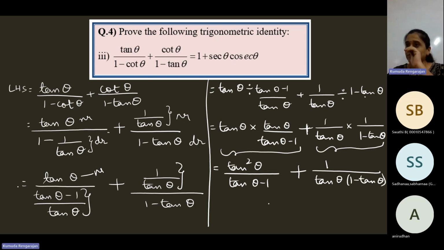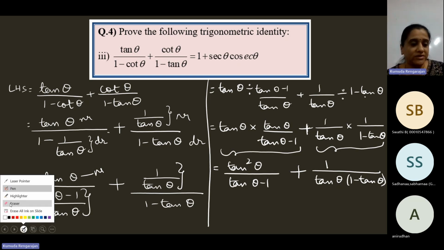Then remember, last class we understood something. If we have a minus b and you want to write it as b minus a, take a minus outside. We have tan theta minus 1, but here we have 1 minus tan theta. So you want to write this one also as tan theta minus 1, so that it's easy to take the common denominator. I am doing the change here, but you should do it in the next step.